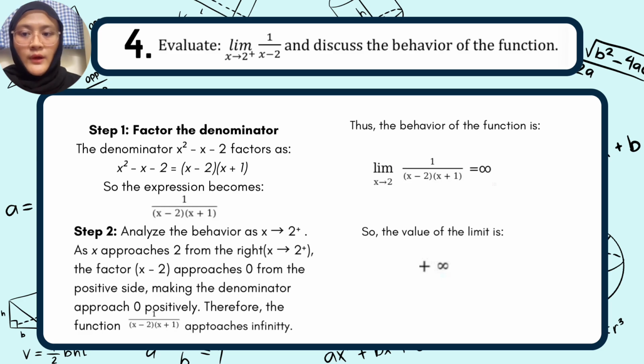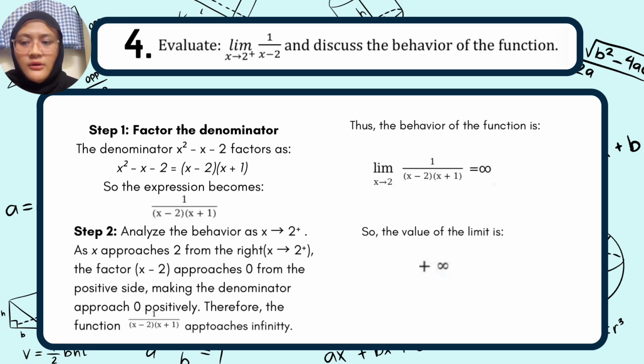Step 2. Analyze the behavior of the function. Now we look at what happens as x approaches 2 from the right. As x approaches 2 from the right, the term x minus 2 is a small positive number. The term x plus 1 is close to 3, which is a positive number.